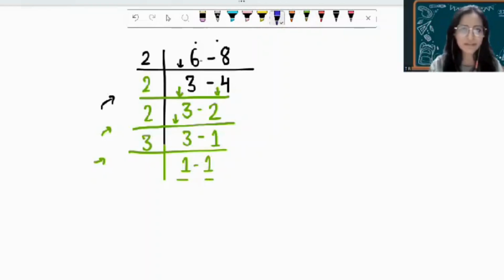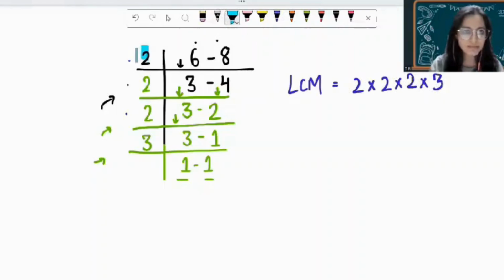Now what are the factors that we have got here? This, and this. So let's write down LCM equals 2 times 2 times 2 times 3. Understood? What are these numbers? The numbers that we have got here are the prime factors, and these are going to give us the value of LCM.